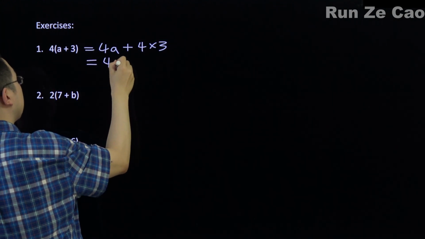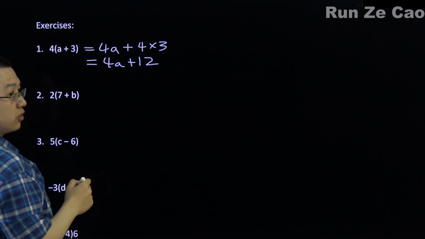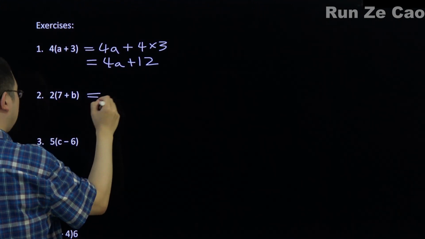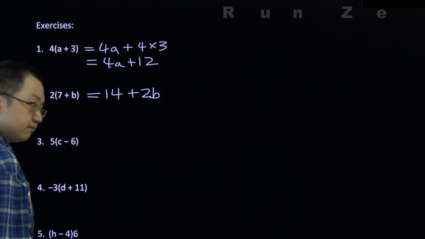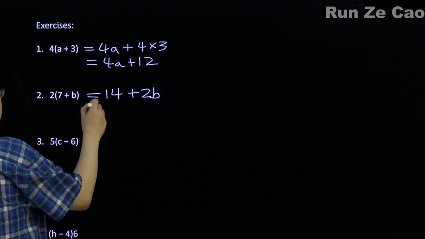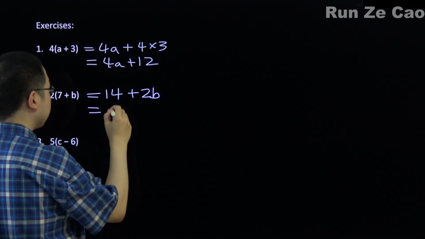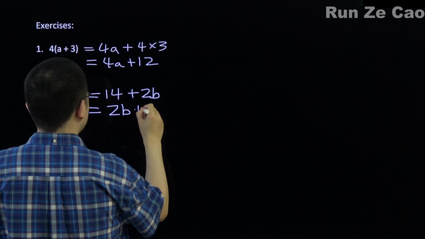So 4a plus 12. But for this one, I'm just going to go straight to, okay, 2 times 7 is 14 plus 2b. Actually, I have to write another line anyway because the convention is that the variables go in front and the constant term comes at the end.